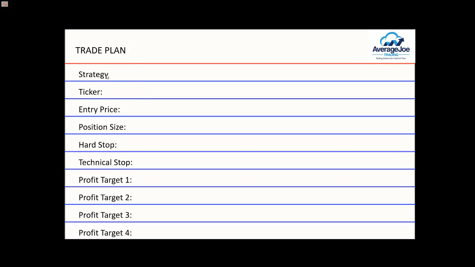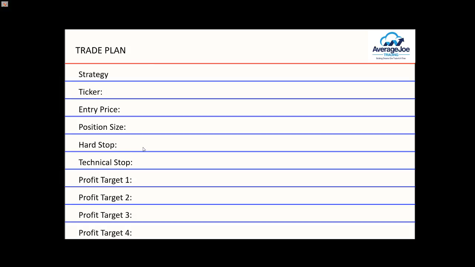So the strategy, you're going to write down the ticker. Now your entry price, you're going to write down after that happens. You don't know your entry price until you enter. And then once you get your entry price down, you put your position size in and your hard stop. Most of this is really for you to use when you're reflecting. That's why you want to write it down.